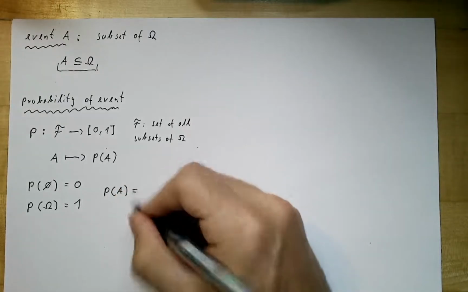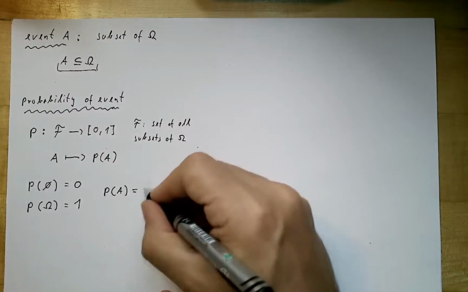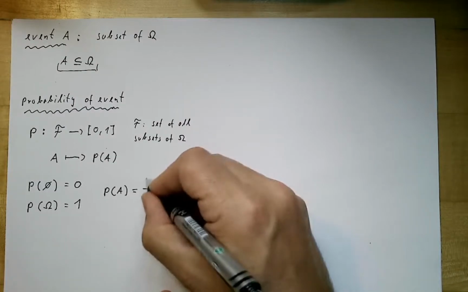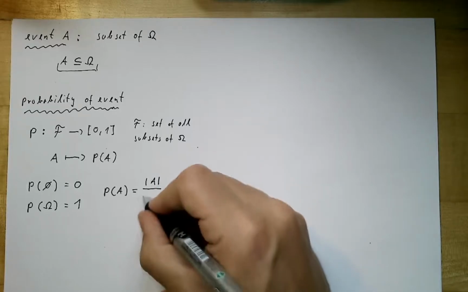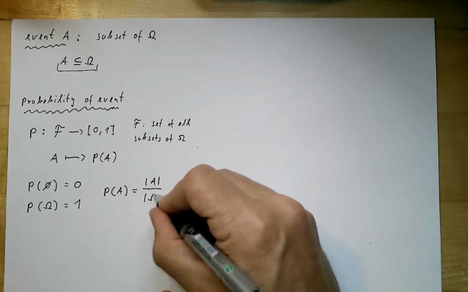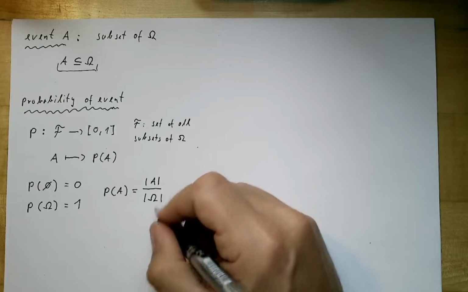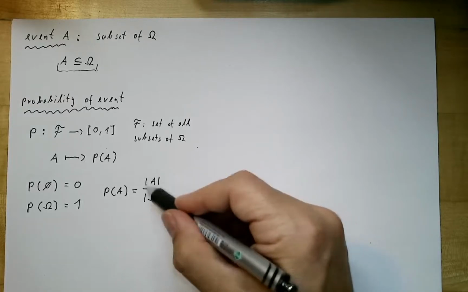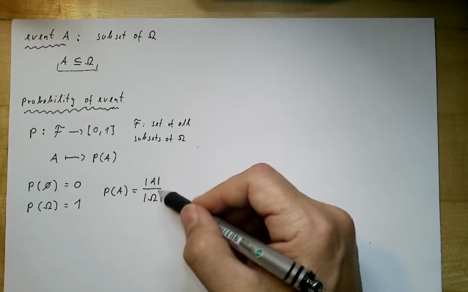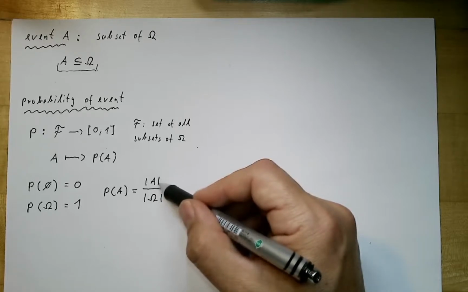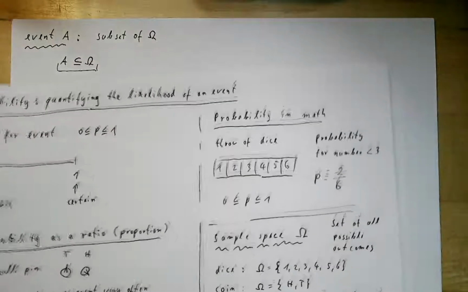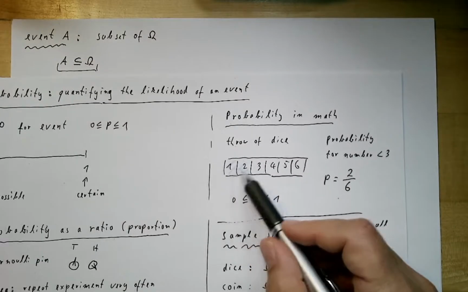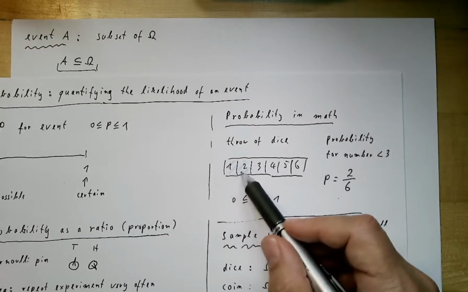And this is now, as I said, a proportion. We have to count the size of the set divided by the size of the sample space. And these bars here mean the size of the set. In a discrete set, it would just be the number of elements in the set.